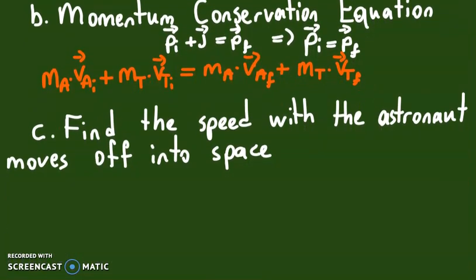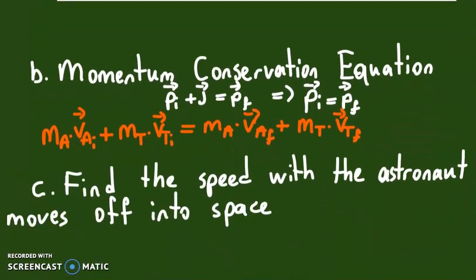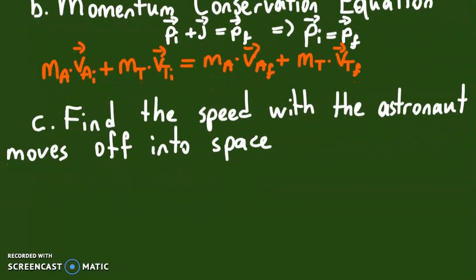Now the question says find the speed at which the astronaut moves off into space. Okay, so the question is step by step helping me to understand that. So here, this is the equation, already figured out. Now what I'm going to do is just plug in the numbers. I can use the data here. Let's plug everything in.